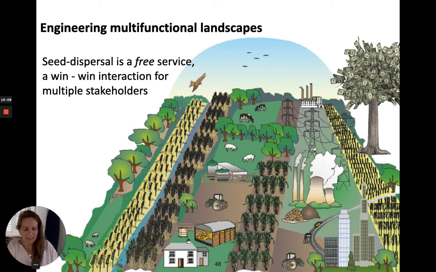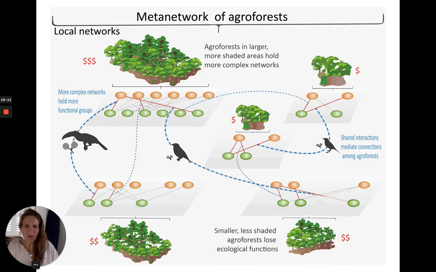I think in that sense, on meta-networks and local networks, of course, when we have, for example, agroforest systems or small farms that are included in a landscape, we can make predictions about the structure they would hold based on our knowledge so far.